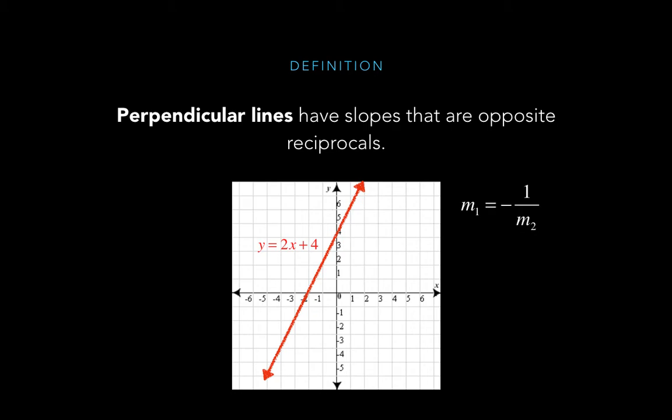A line perpendicular to it would be that green line, which is y equals negative 1/2 x minus 3. Negative because you have to be opposite. The red graph is a positive slope, so you'd have to have a negative slope. And the reciprocal of 2 is 1/2.